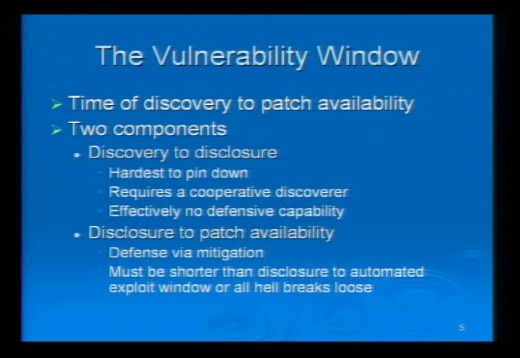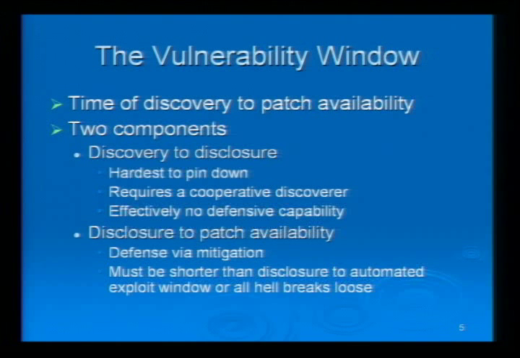It's sometimes difficult to get, or it propagates wide enough that eventually it leaks out to someone who is cooperative. And during this window, you have very little defensive capability. If you're running a vulnerable application and it's accessible remotely or by whatever means, then you are probably vulnerable. Obviously, the vulnerable application in its default configurations.